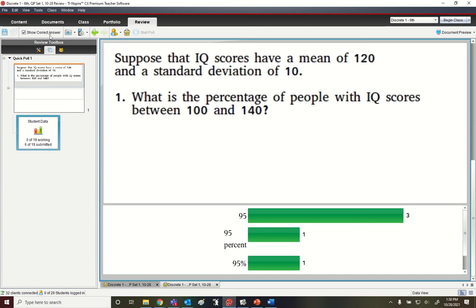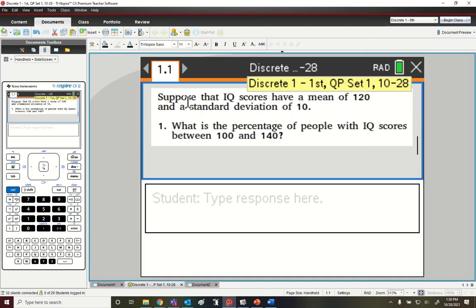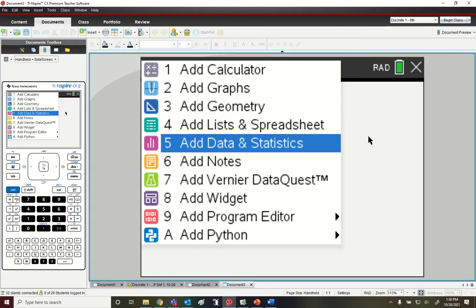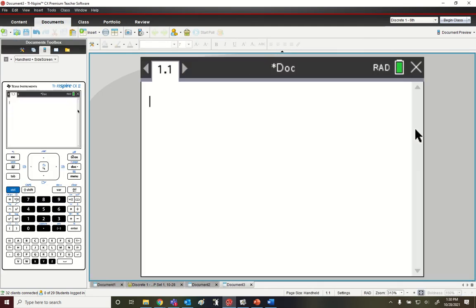Go to the calculator, documents, and it says add calculator. So I did new document, home, new document, add calculator. So instead of doing list and spreadsheet, which we've been doing every single time, we're now just using calculator.